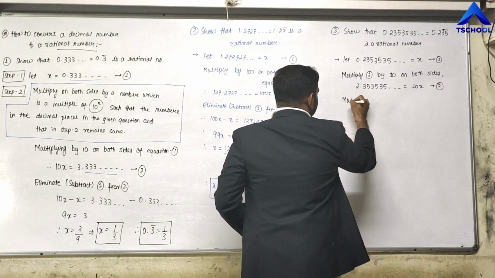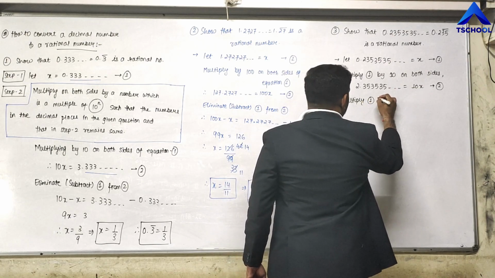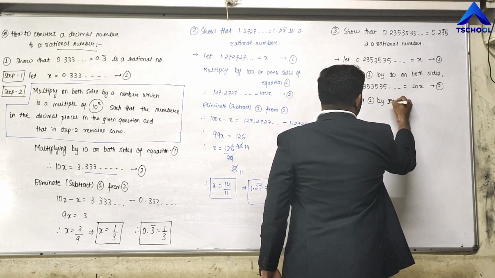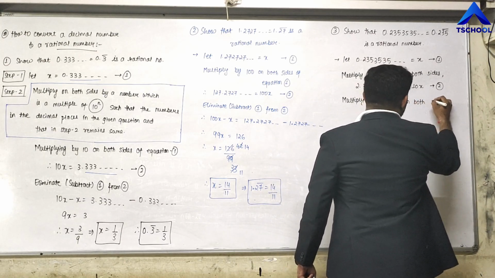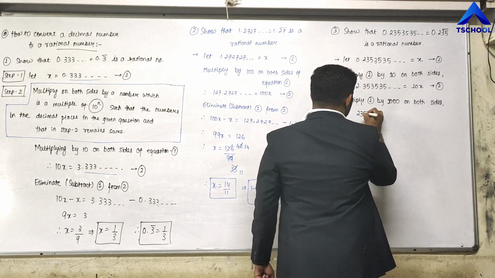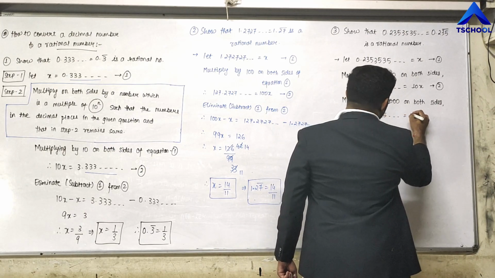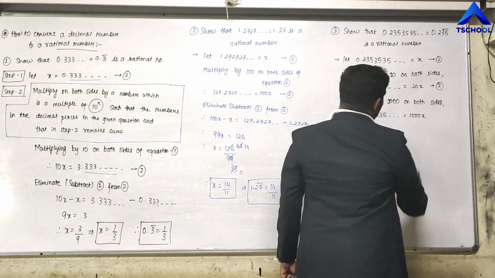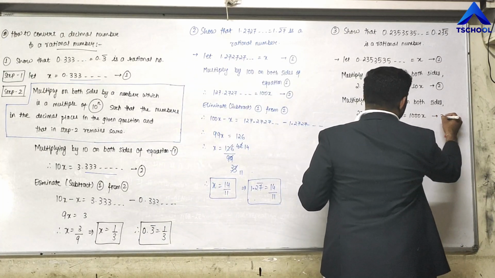Now multiplying equation 1 by 1000 on both sides, we get 235.3535 and so on equals 1000x, and that is my equation number 3.